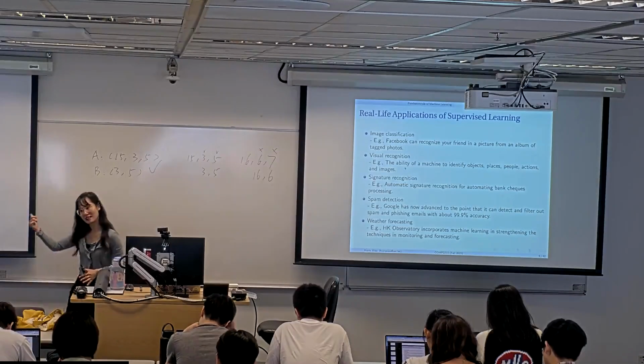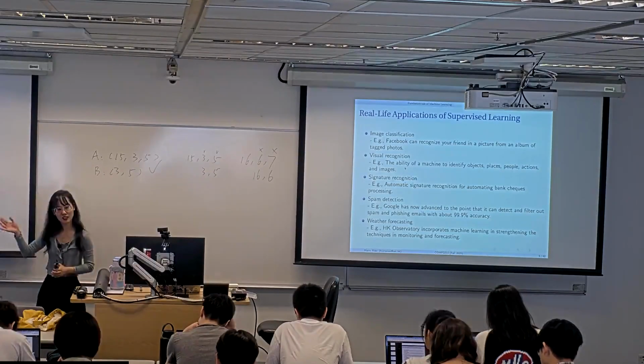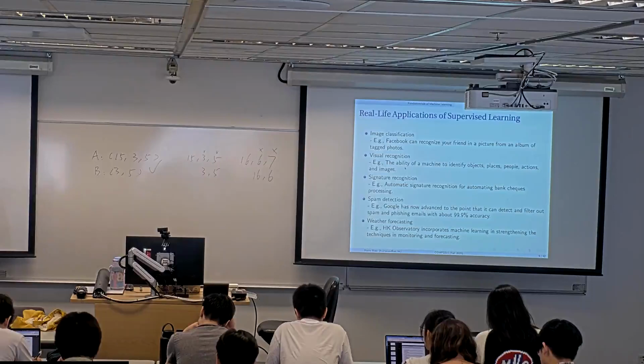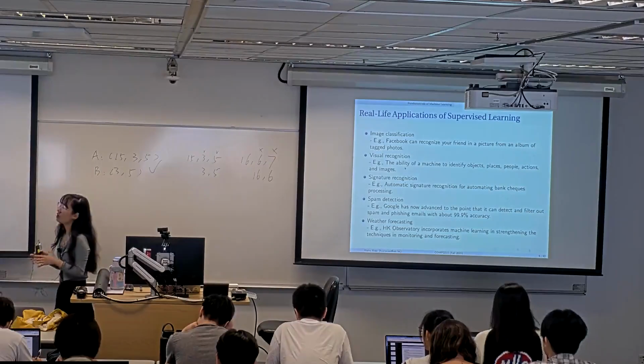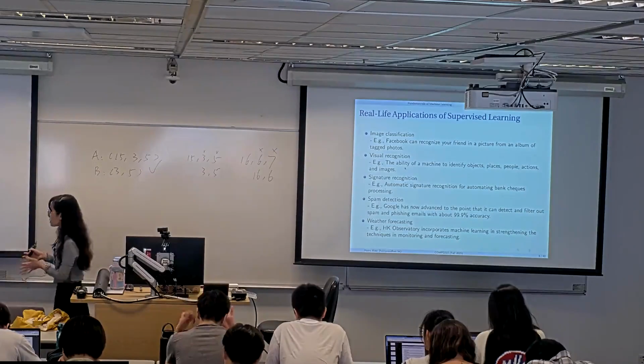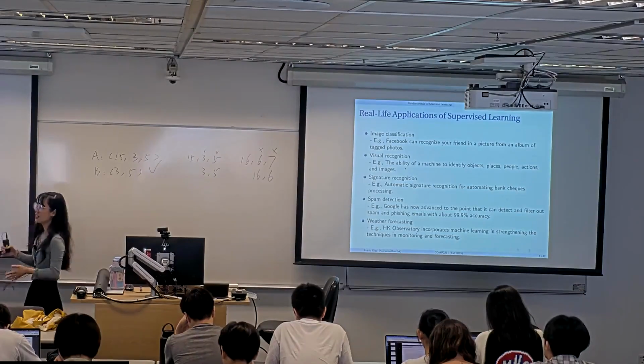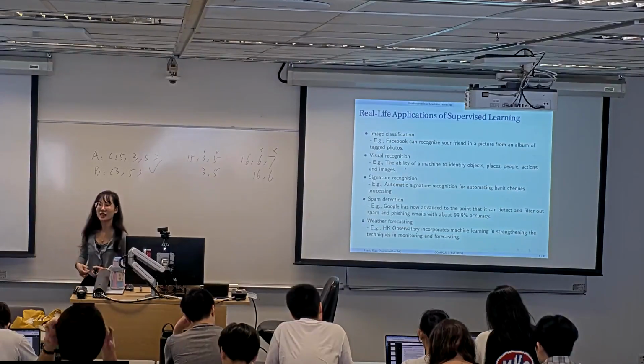But that is just their claim; if you use Gmail, maybe you can also sense it yourself. And actually weather forecasting also makes use of supervised learning. Like the Hong Kong Observatory, yes, it predicts that possibly tomorrow it will raise the typhoon signal, right?